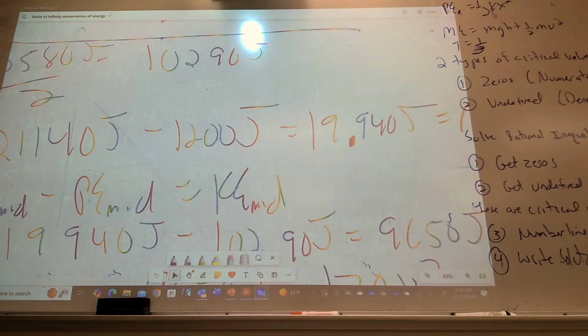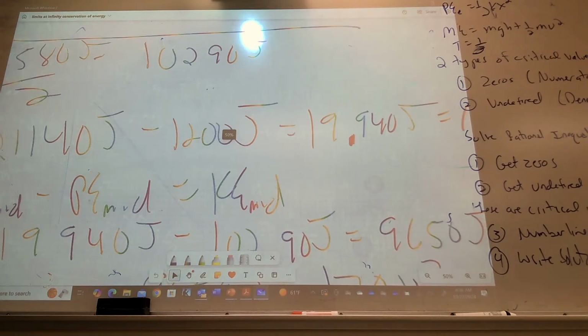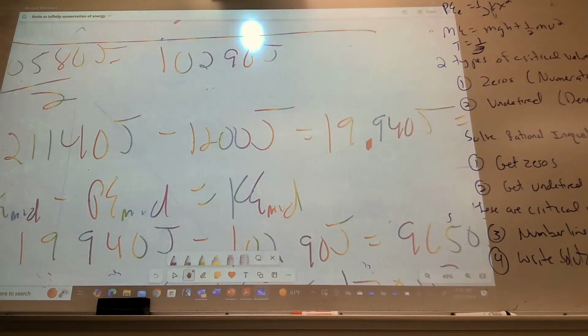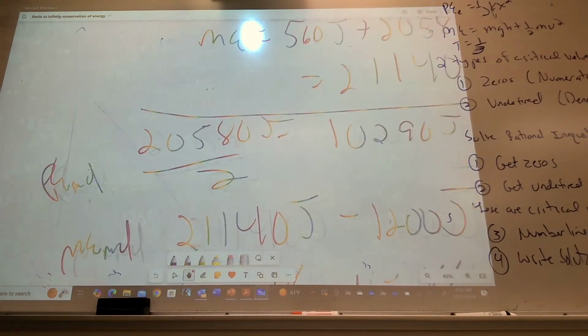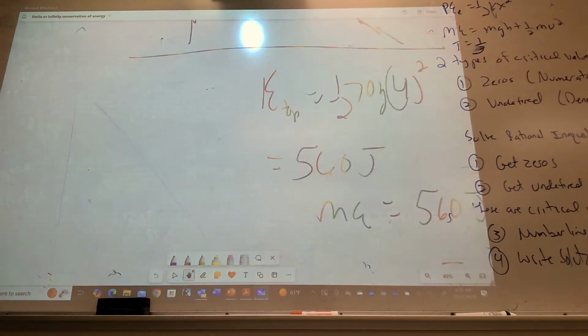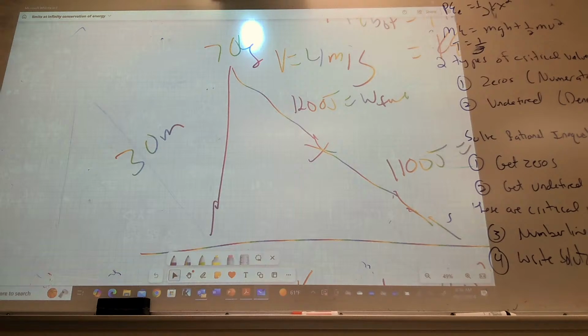I've got to do the potential energy. What did you get for your potential energy? I did 70 times 9.8 times 30, which is 20,580. If you're going halfway up, you would do 70 times 15 times 9.8, right?